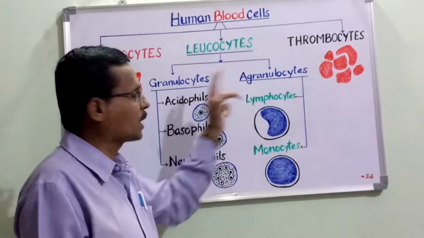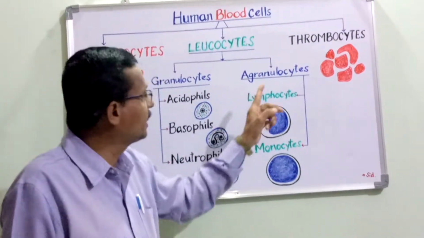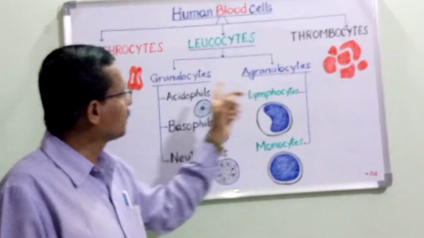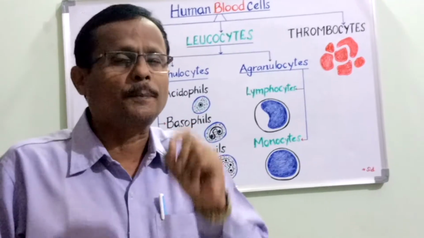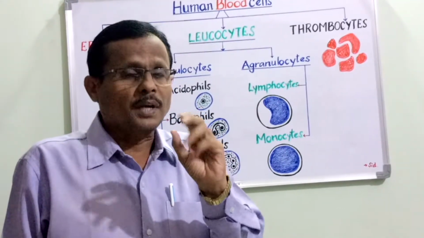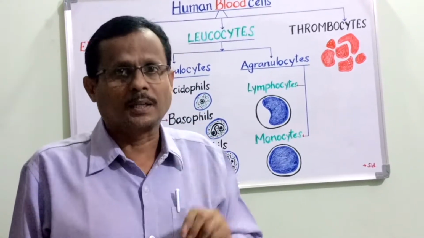Now let us come over to the concept of leukocytes. Leukocytes are of two kinds, the granulocytes and agranulocytes. Granulocytes contain small granules, microgranules made up of ribonucleic acid, that is RNA.